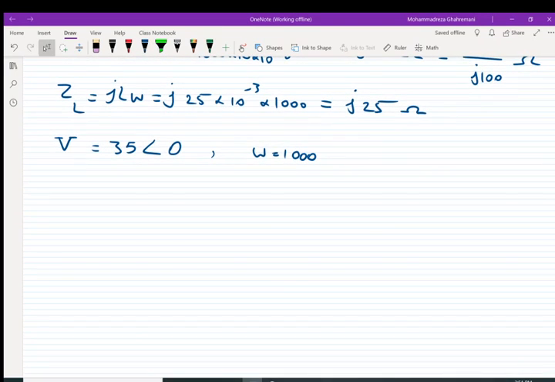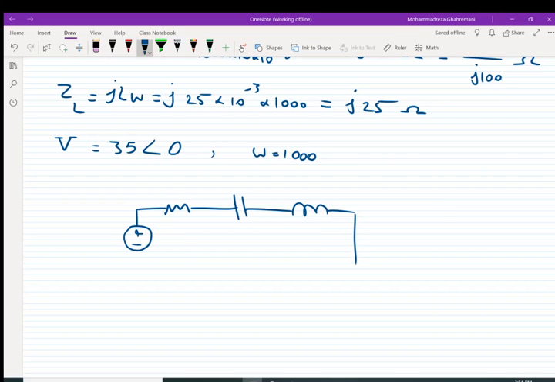I'm going to draw the circuit again. Here is a voltage source. Here we have a resistor, a capacitor, and an inductor. But this time, instead of the time domain values, we apply the phasors. The voltage source is 35 with the angle of 0.